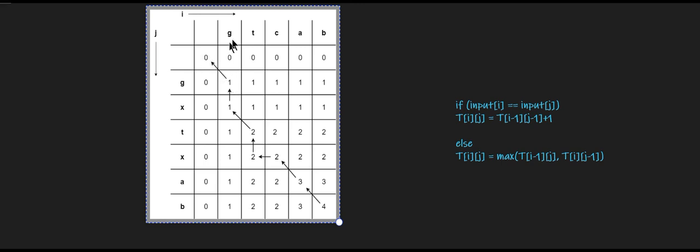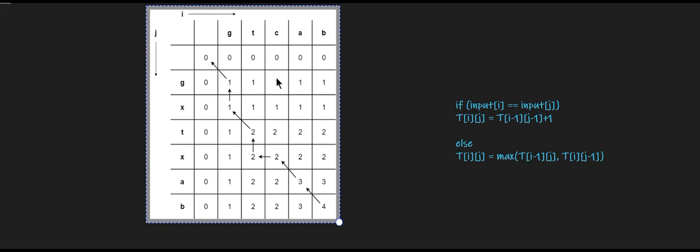Next we move on to the second character of the first string and compare it with the first character of the second string. They have only one character in common, that is G. So we take the maximum of the upper adjacent row and the left adjacent column. The maximum of 0 and this 1 will be 1. Next we compare GTC with G. Here also the characters are not common, C is not equal to G, so we take the maximum of this 1 and 0.